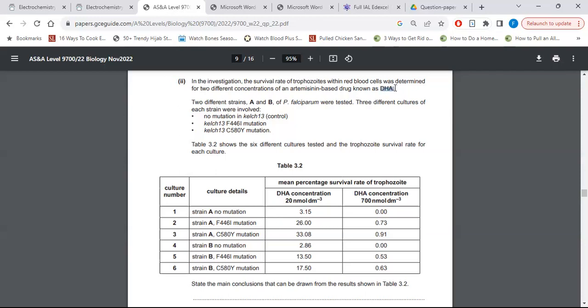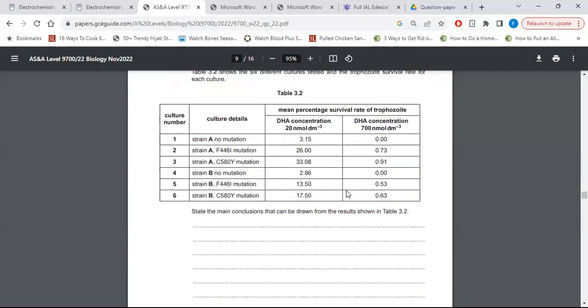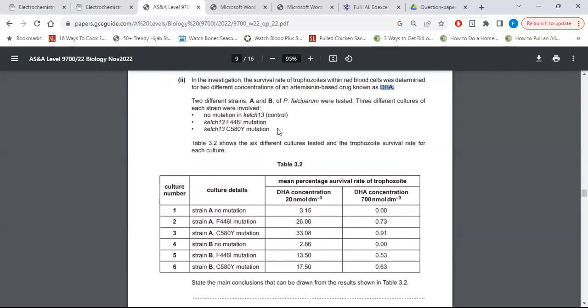So the drug is DHA, and what they are doing is trying to find out the survival rate of trophozoites. They've taken a low concentration of the drug and a high concentration of the drug, and then they're checking how many trophozoites are going to survive, right?